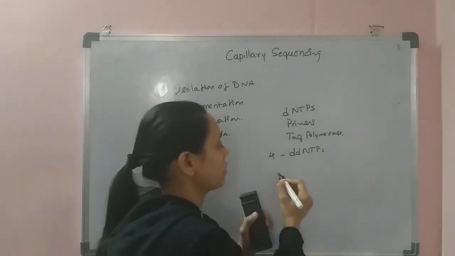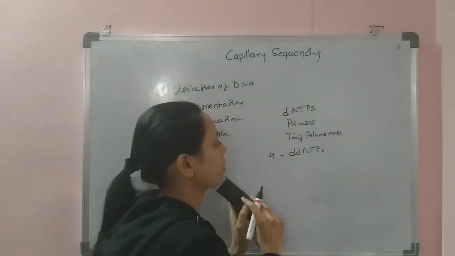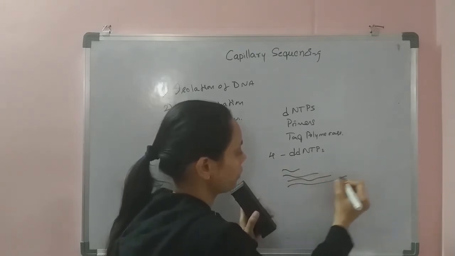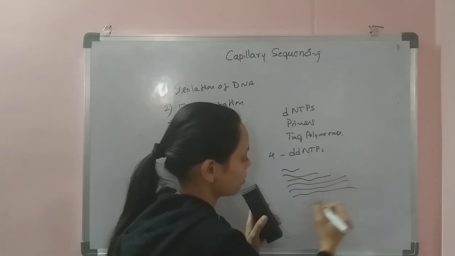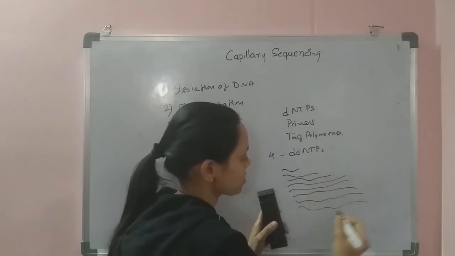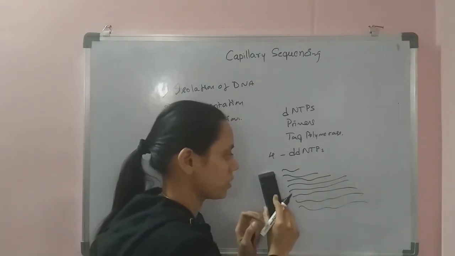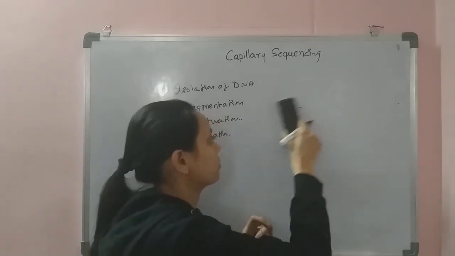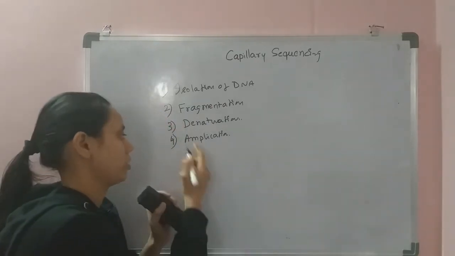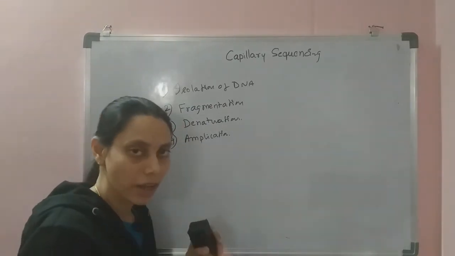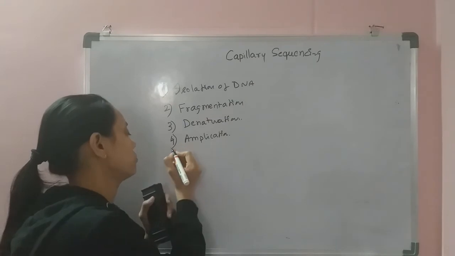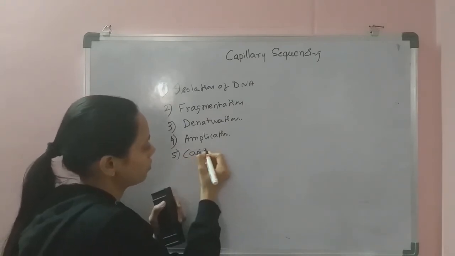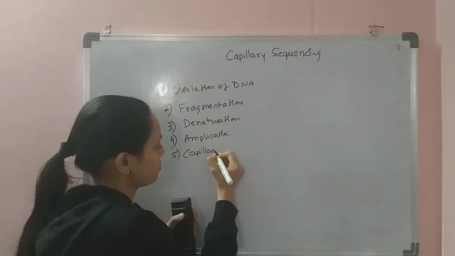So the sequence will be terminated at every individual nucleotide length, and a number of fragments with various lengths will be obtained, and that is the amplification. Once this PCR reaction is carried out, we need to separate them through capillary gel electrophoresis.